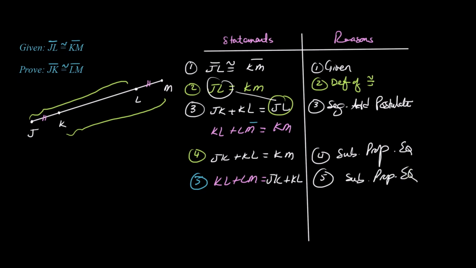Now what? Again, I'm trying to prove that JK is equal to LM over there. Well, now I have these two terms in common: I have KL on both sides, so I can cross these off. Then I can say LM is equal to JK, because of the subtraction property of equality.